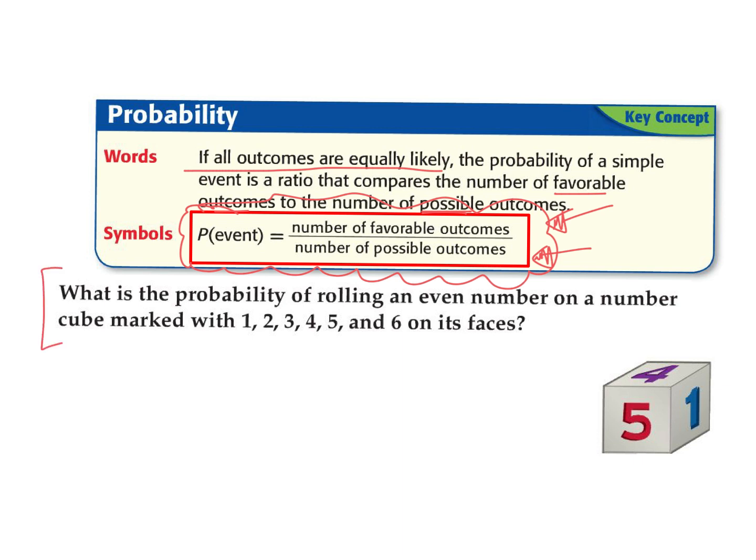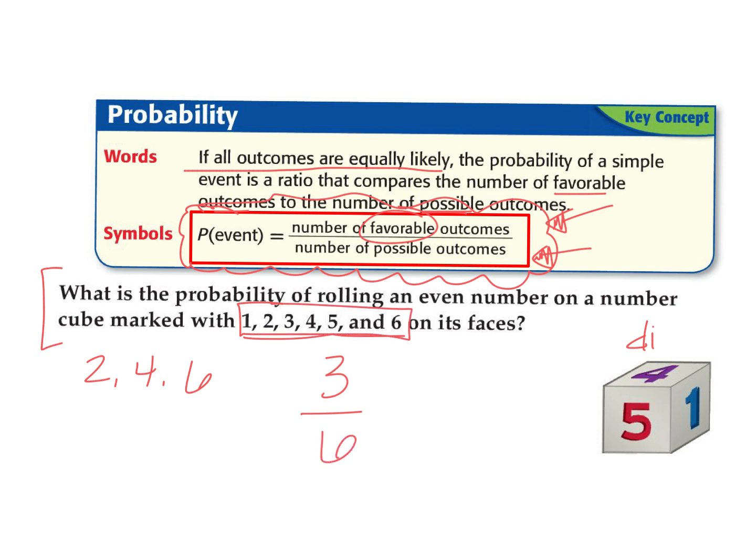So what is the probability of rolling an even number on a number cube, which is the same as a die, marked with 1, 2, 3, 4, 5, and 6 on its faces? So on a die, we know that there's 2, 4, 6, which tells me that there's 3 favorable outcomes because we're looking for an even number. And then we know that there's 1, 2, 3, 4, 5, and 6.